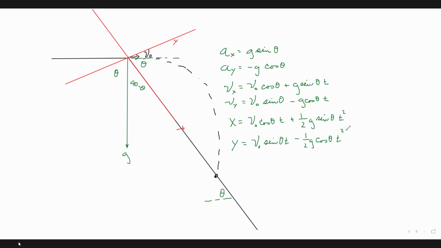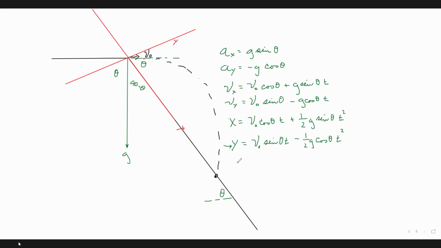All right, now we want the solution. The first thing we're going to do is look at the solution to this equation, and we're going to ask, at what times does y equal 0?